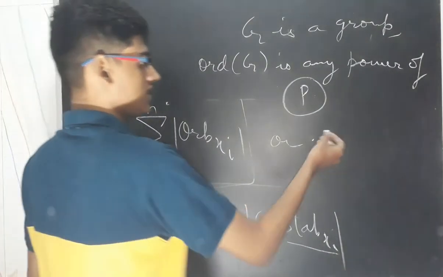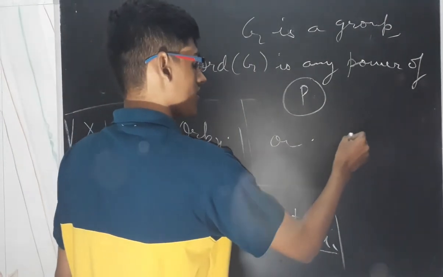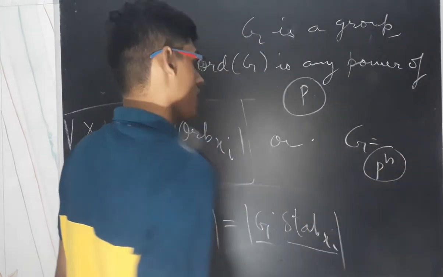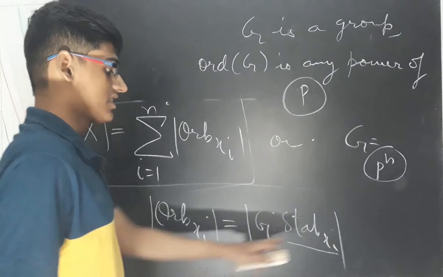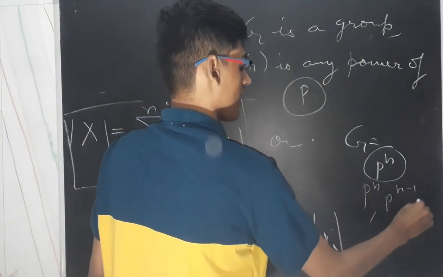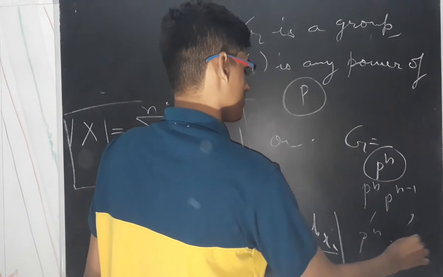So if the order of the group is p to the power n, then the order of the stabilizer must be p to the power n, or p to the power n minus 1, or p to the power n minus 2, and so on.